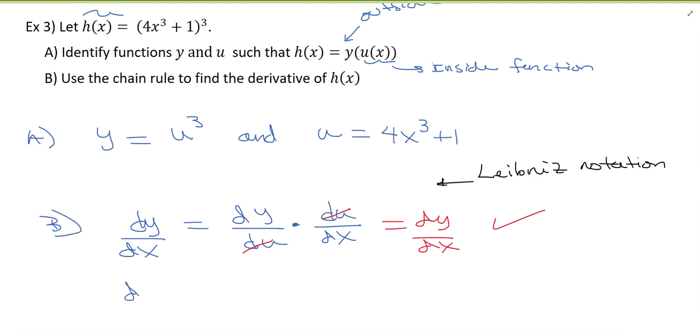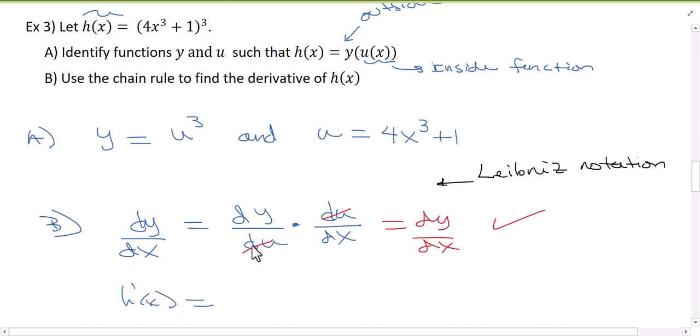But it also helps us then, now that I can find the derivative of our h function, so h prime of x is dy/du, so y is u cubed, so what's the derivative of u cubed? And then times du/dx, so the derivative with respect to x of u, which is 4x cubed plus 1.